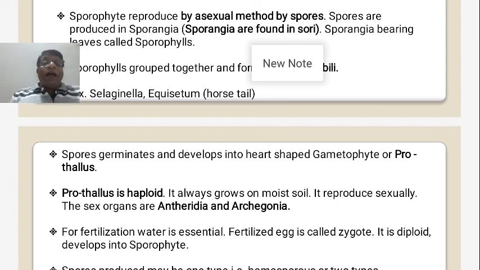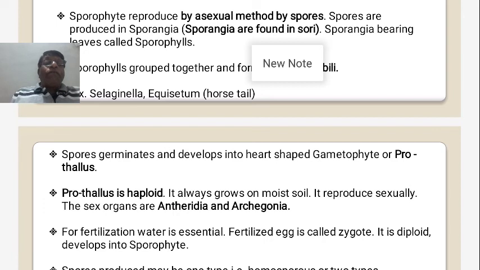Prothallus is haploid. Haploid means it reproduces sexually. The prothallus produces sex organs during sexual reproduction. Antheridia are the male sex organs.